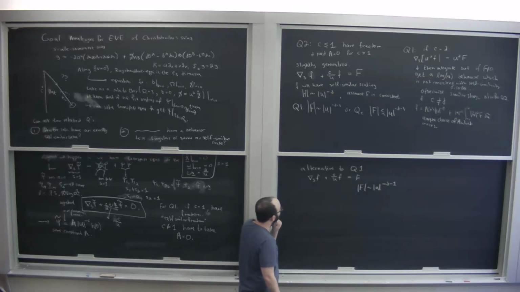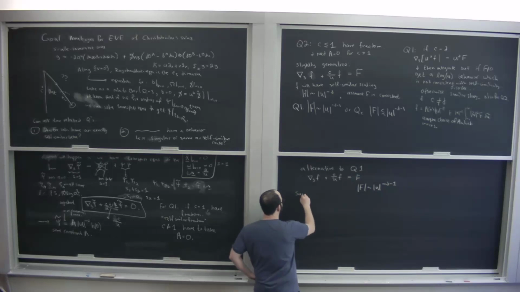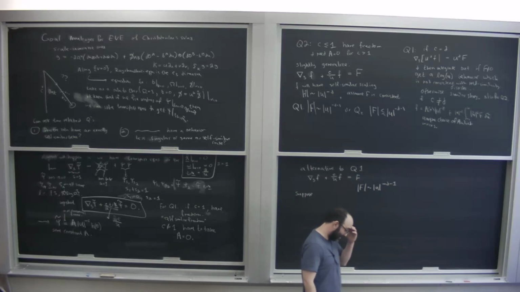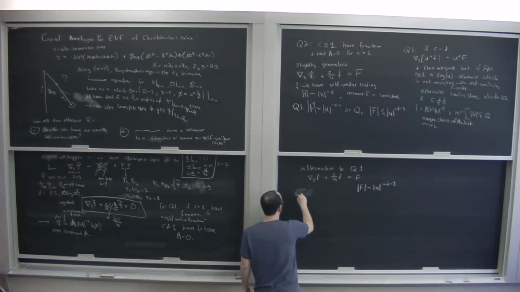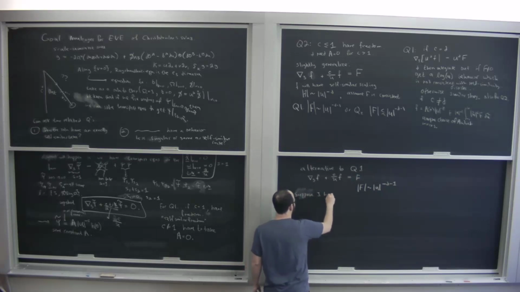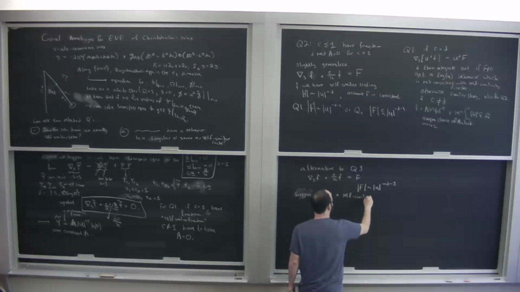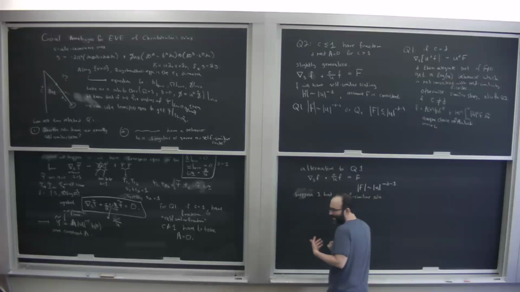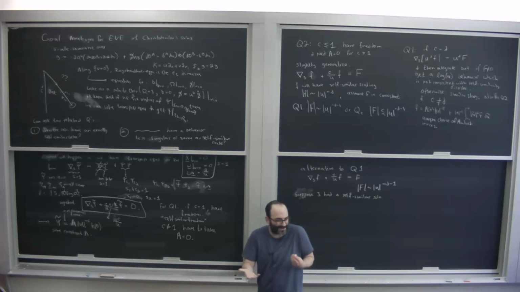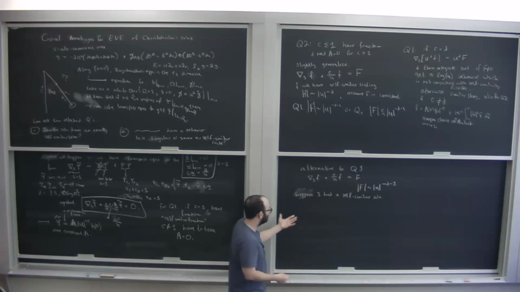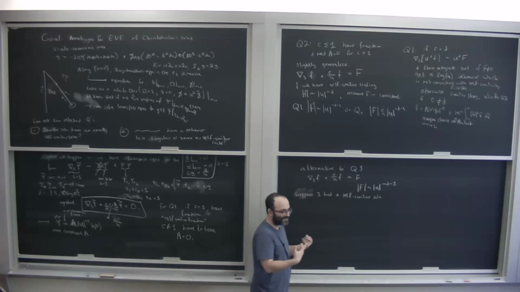Now what you can do is argue in the following way. It's a little weird. Suppose I had a self-similar solution. All of this stuff is just trying to find constraints on whether one exists; we haven't constructed anything yet. We're just trying to figure out what would be true if it existed.